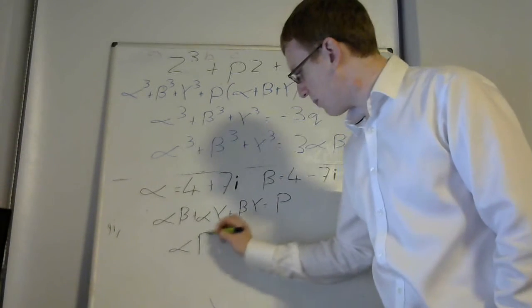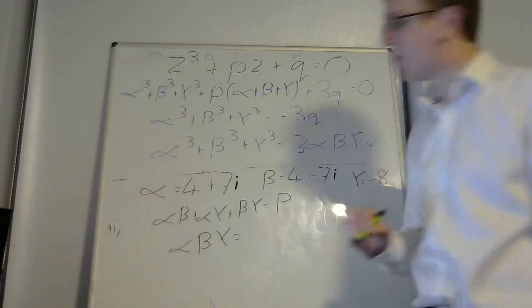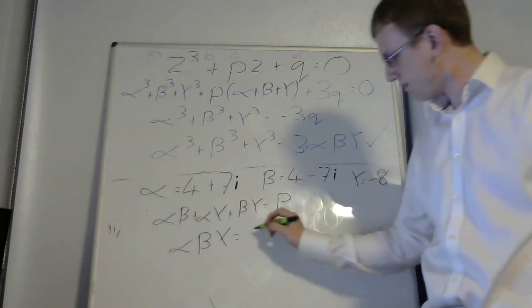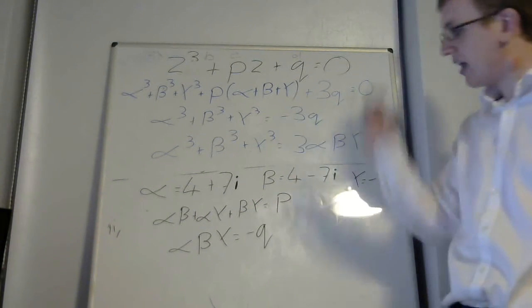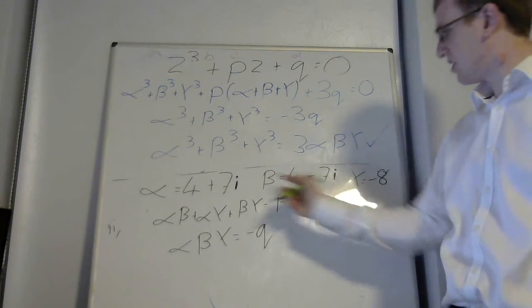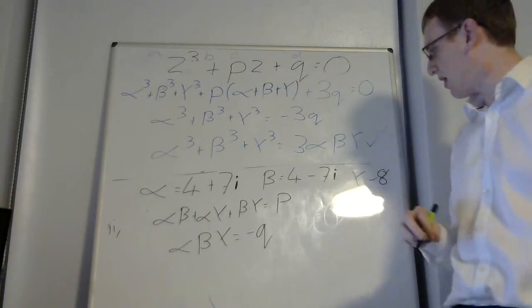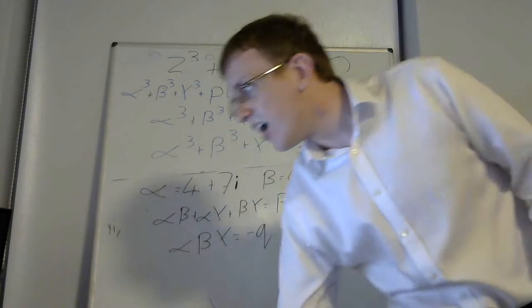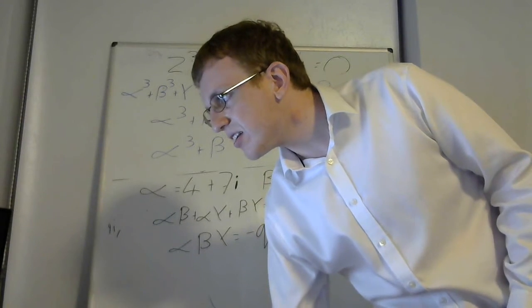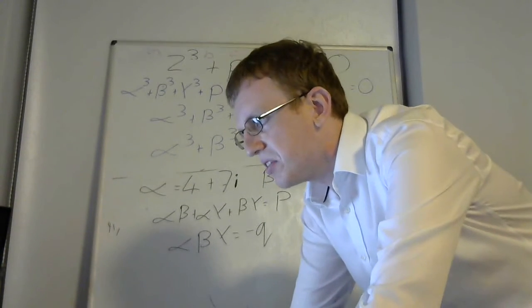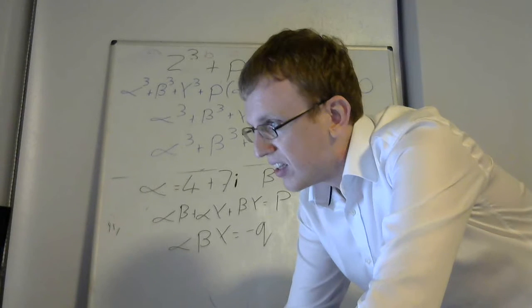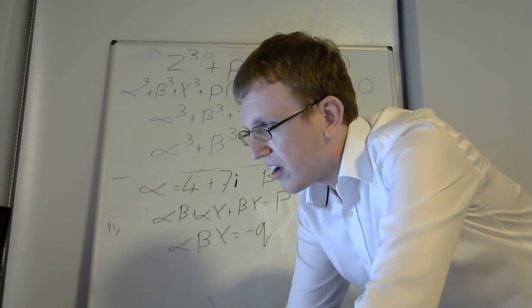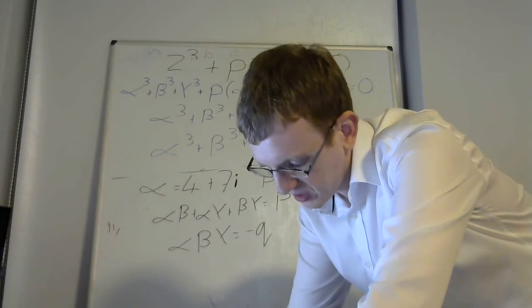Alpha beta gamma will equal minus Q, which is minus D over A. And again, just multiply these complex numbers and multiply that by minus 8. You should check the mark scheme, I guess, if you're doing this. I'll write the answers up though for this one.